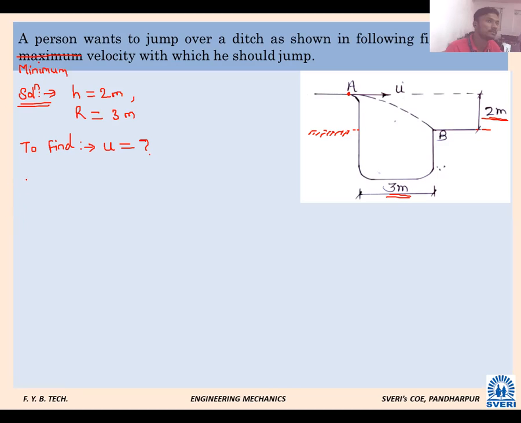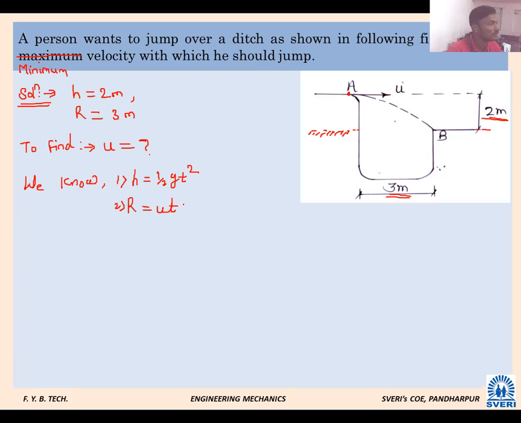बघा बरं सोडवता येईल. We know, काय माहिती आपल्याला? दोन फॉर्म्युला माहित आहेत. H is equal to half GT square, आणि दुसरा R is equal to UT. याच्यामधलं काय फाइंड आउट करायचं आहे?